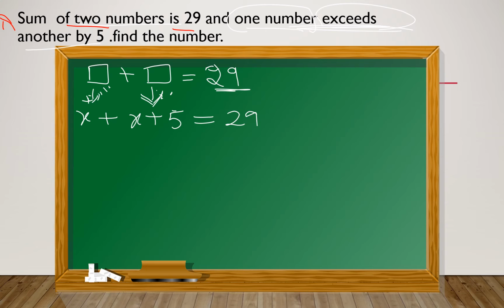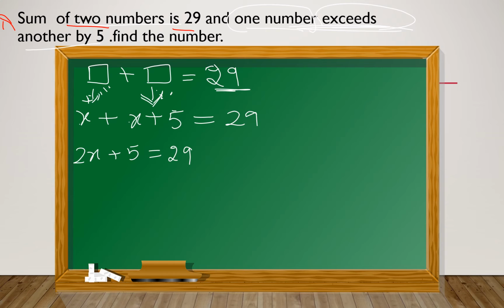So the sum of these two numbers, addition, is 29. Now from this equation we have to find the value of x, then we'll get the first number. So x plus x is 2x plus 5 is equal to 29.